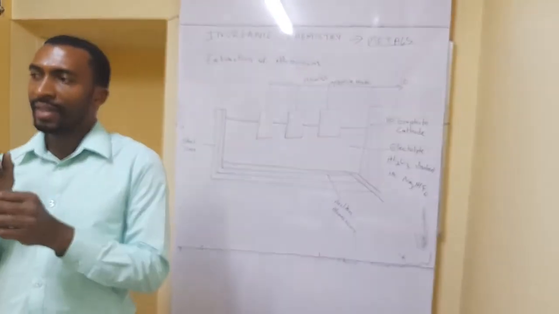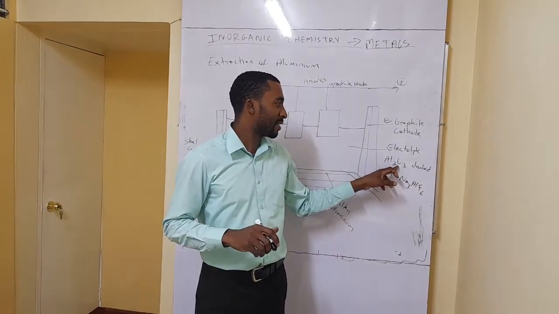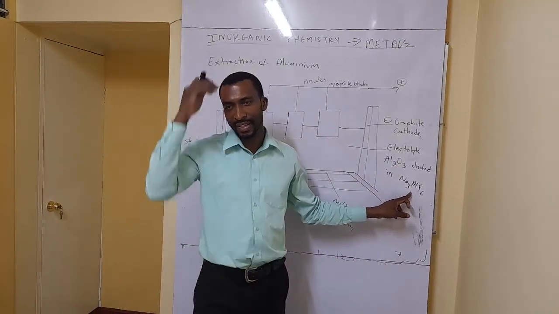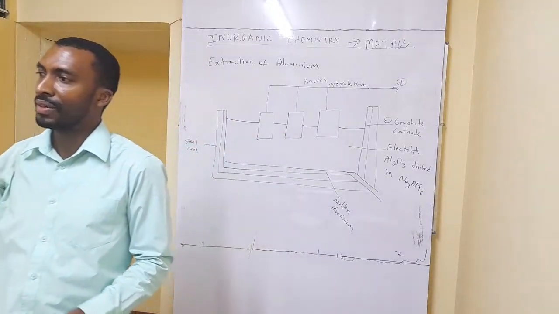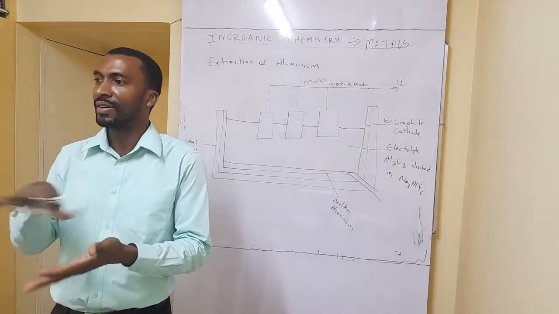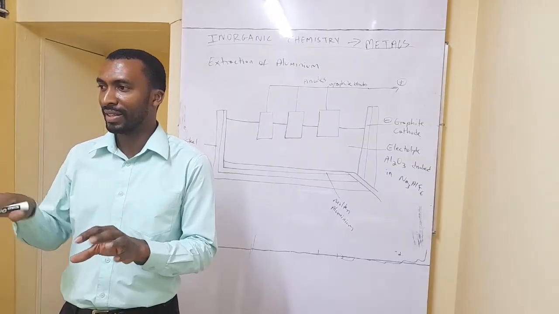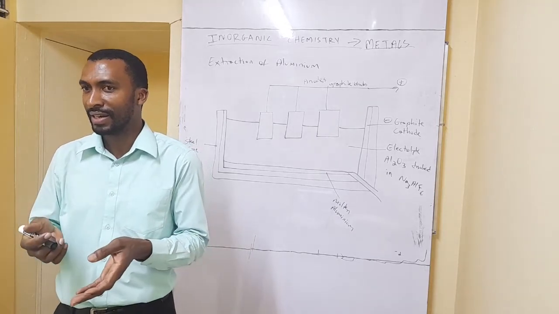It's when we have that temperature, 950 degrees Celsius, we can actually dissolve the aluminum oxide in the cryolite. So instead of wanting a temperature of 2000 degrees Celsius, we would actually use a temperature of 950 degrees Celsius to melt it and dissolve it in the solution. So you can see that we would use less energy, right?